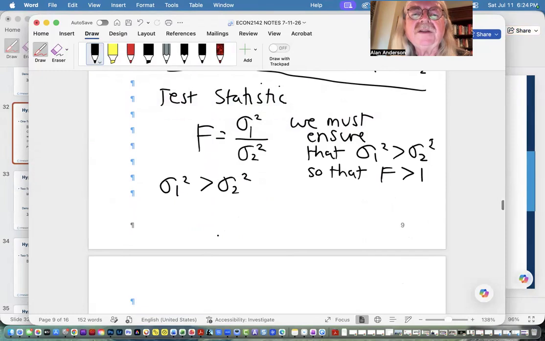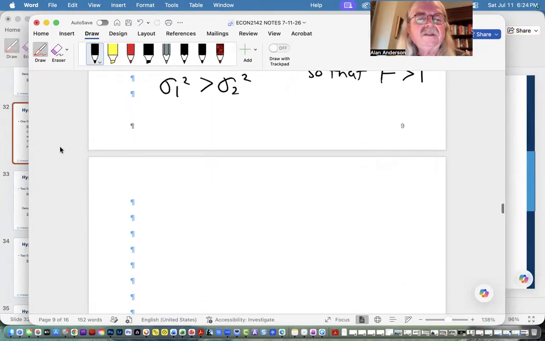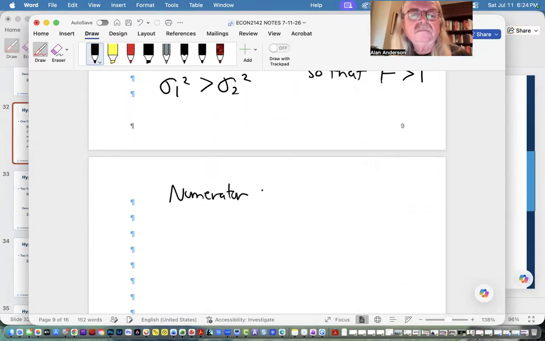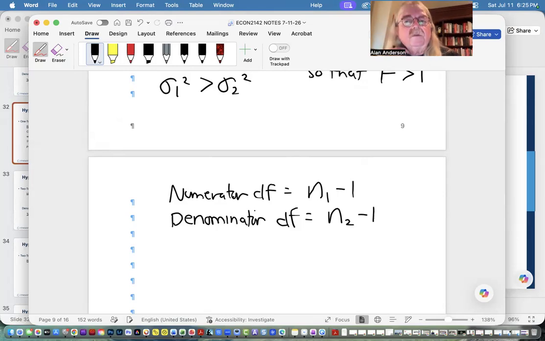One more thing I want to mention here with this test statistic: when it comes time to looking at your table, you need to have 2 degrees of freedom.